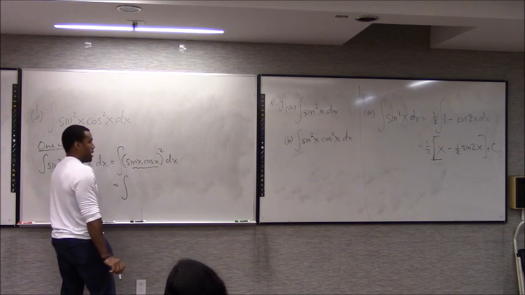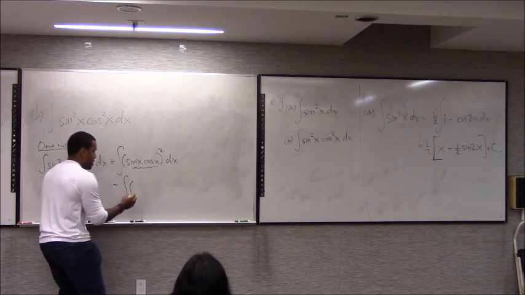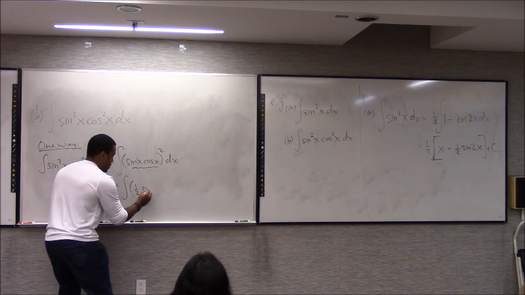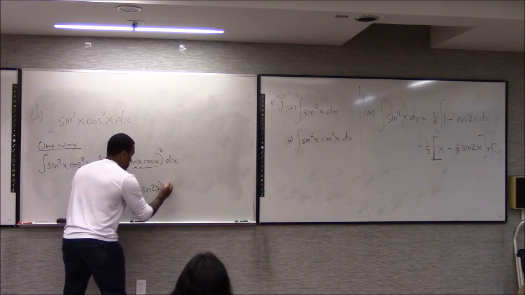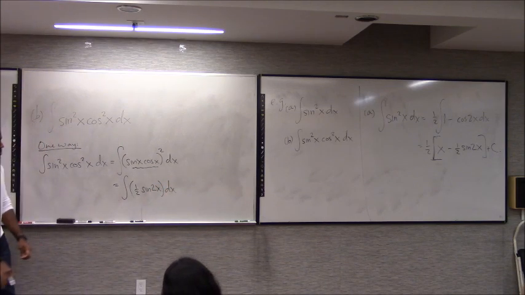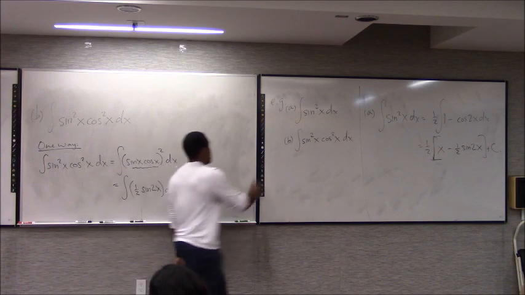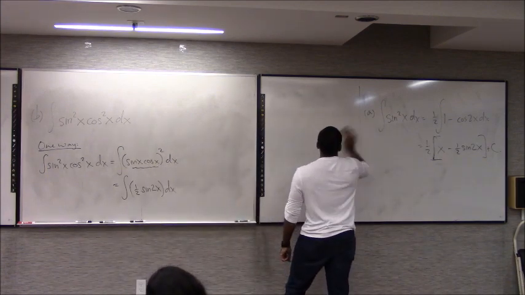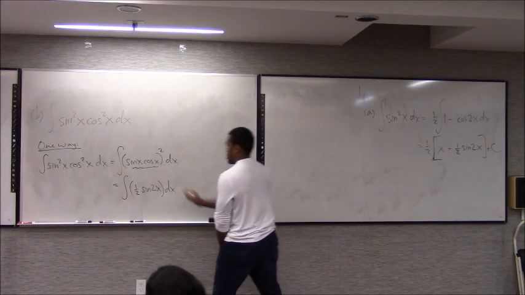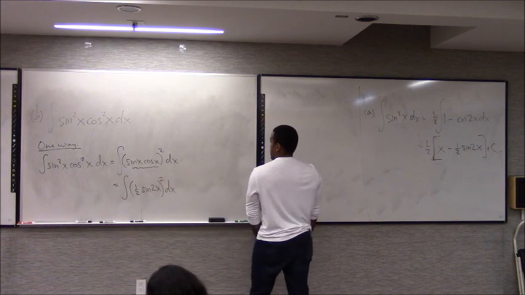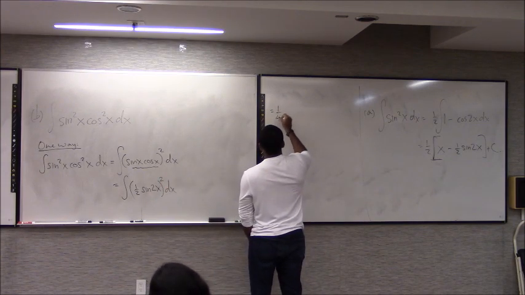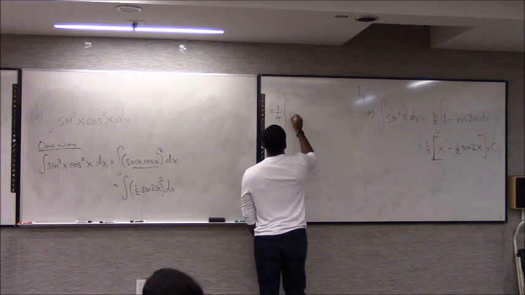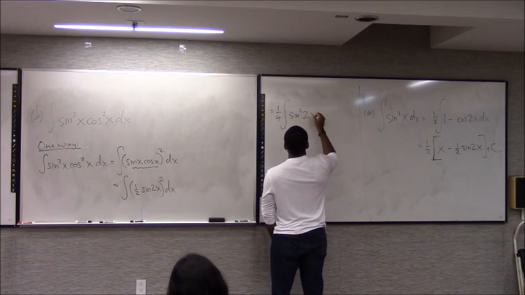So that inside here is actually 1/2 of sine 2x. Now, this is going to be squared. So basically what you have here is you have 1/4 times the integral of sine squared 2x.